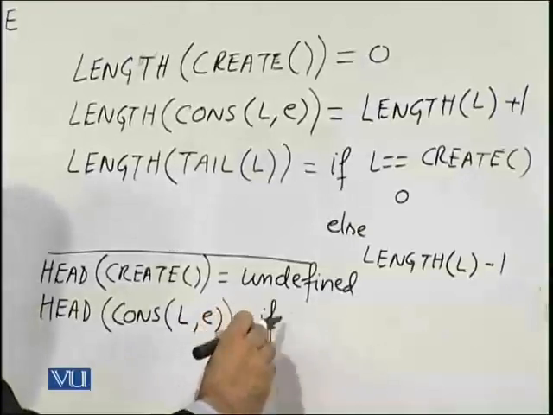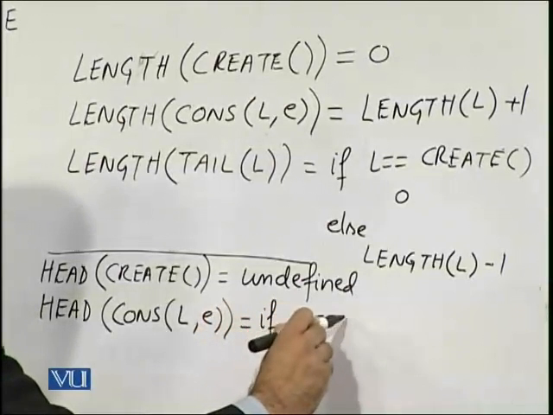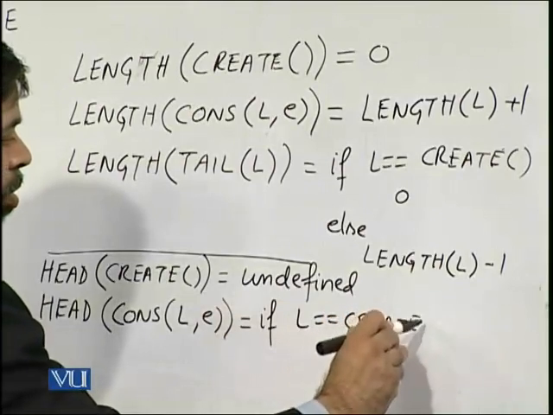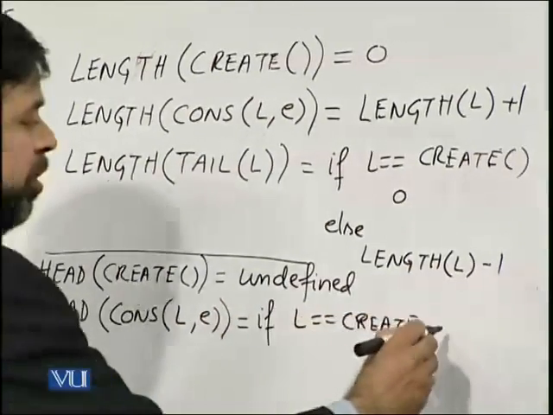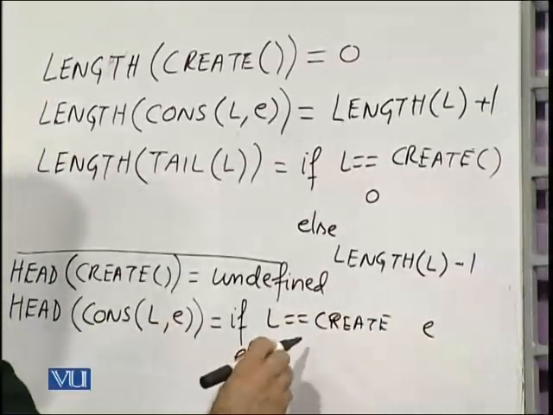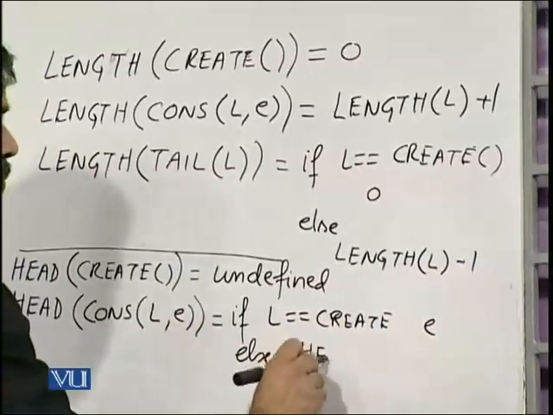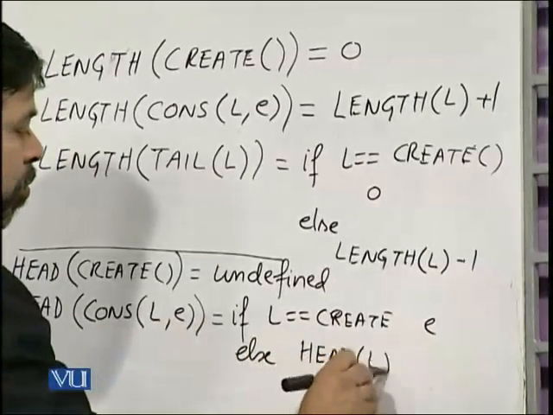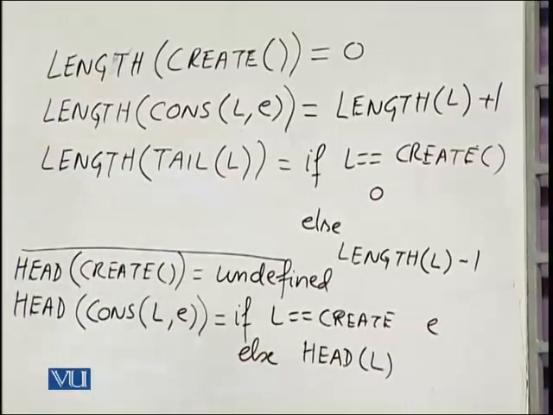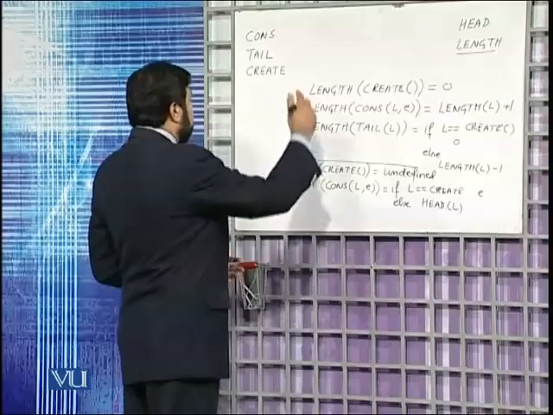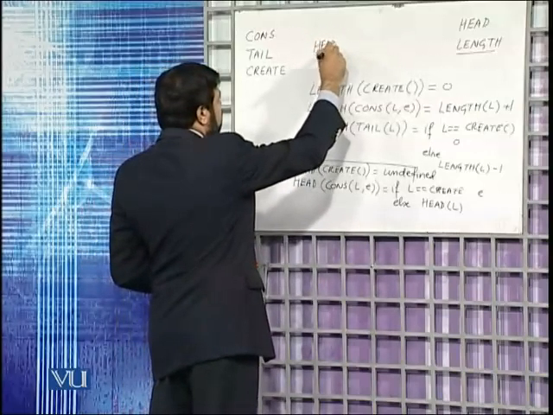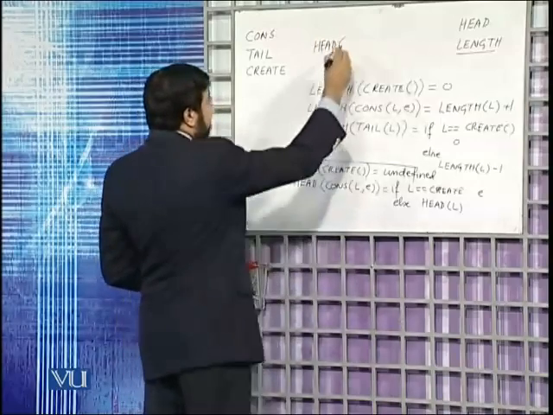So if L is equal to create, I get E back, else I get head of L. And finally, let us write this head of tail.